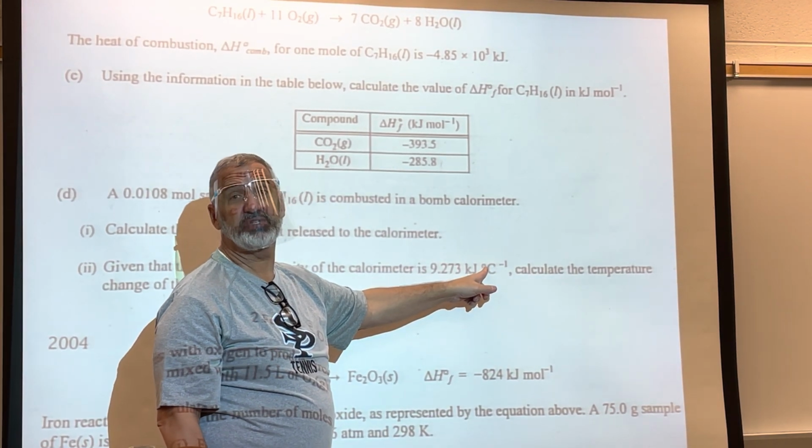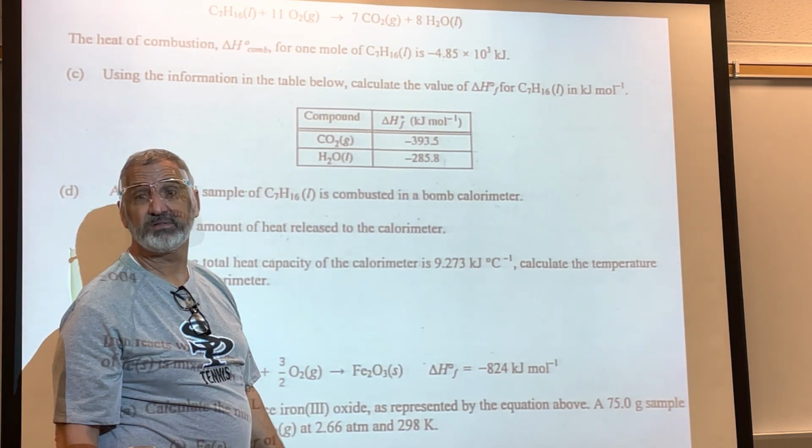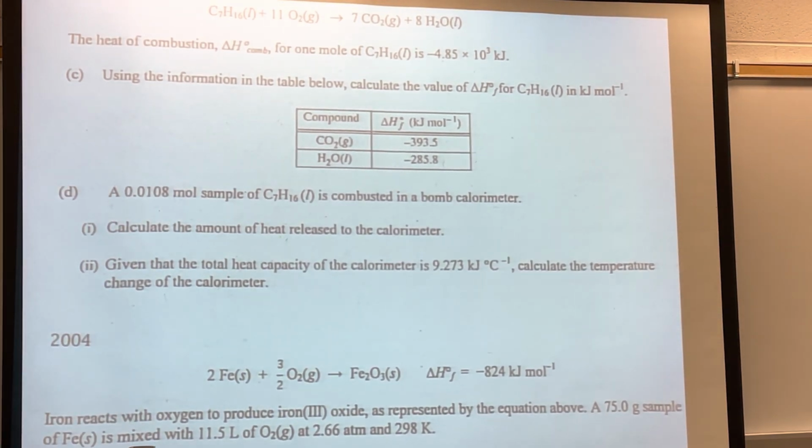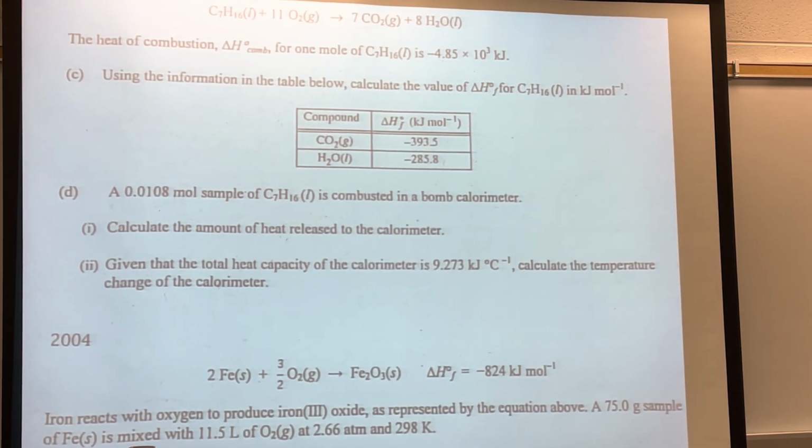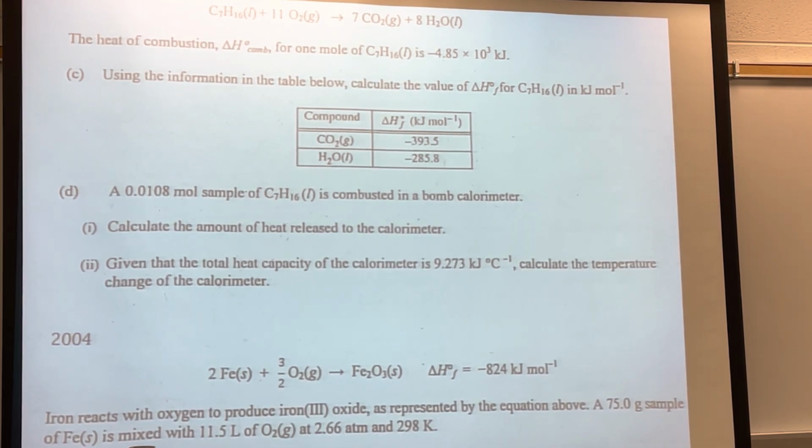So what unit do I need to get rid of? Kilojoules, right? So I'm going to use Q lost equals negative Q gain.